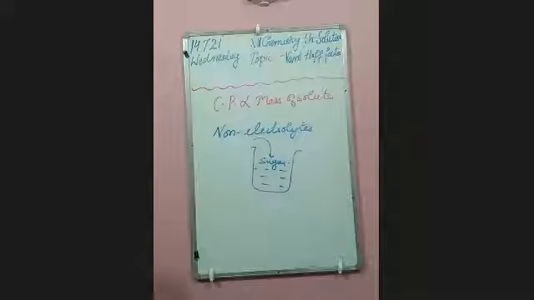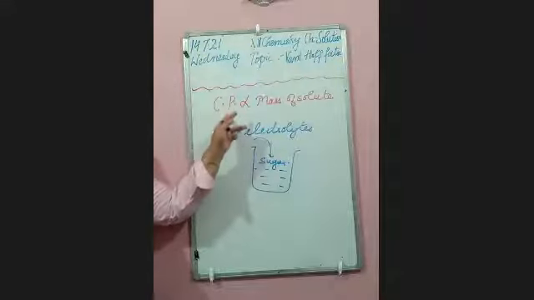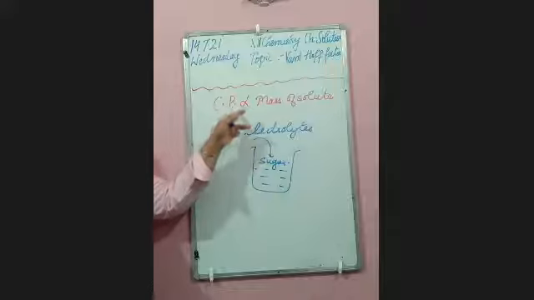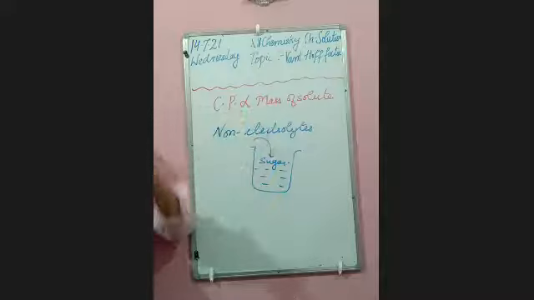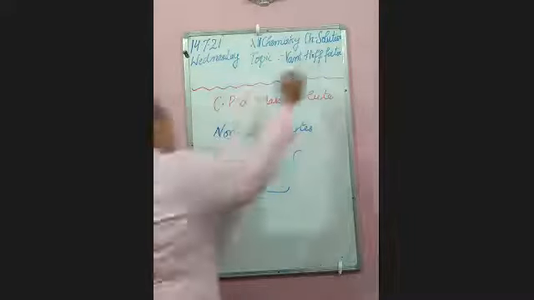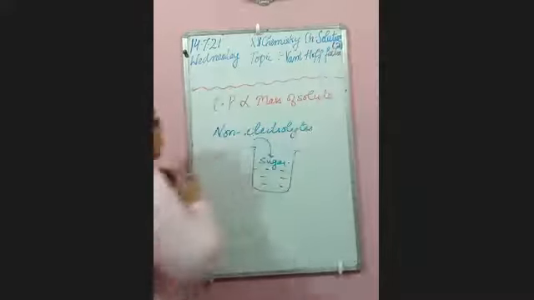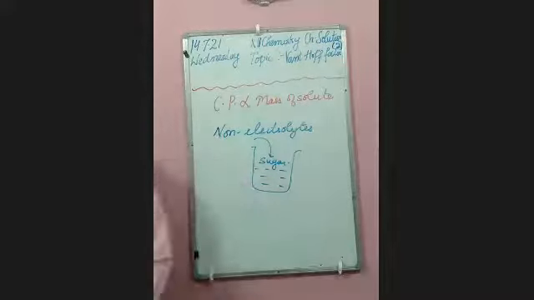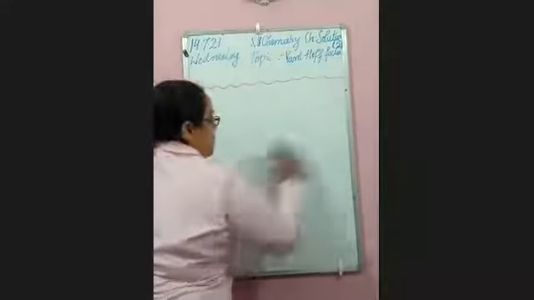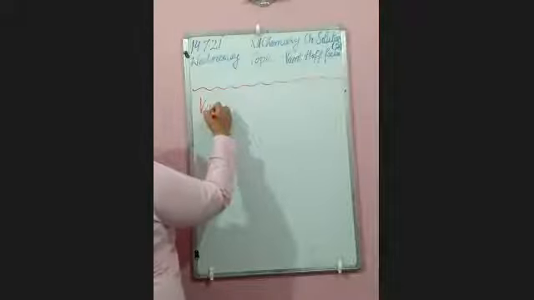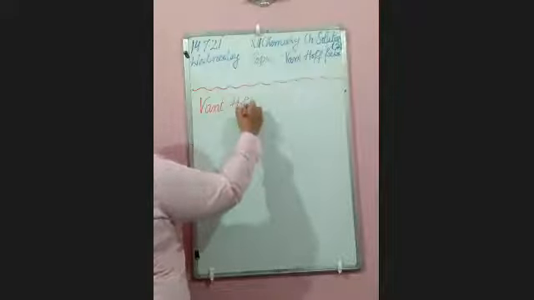So my dear, here your colligative property is not, your theoretical value of that colligative property will not become equal to the observed value. So I will take 2 cases: one case is association and other case is dissociation. For that, first I am going to introduce this Van't Hoff factor.